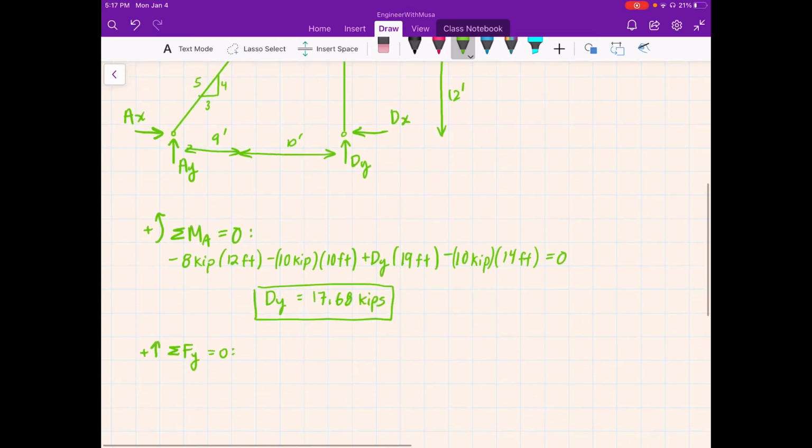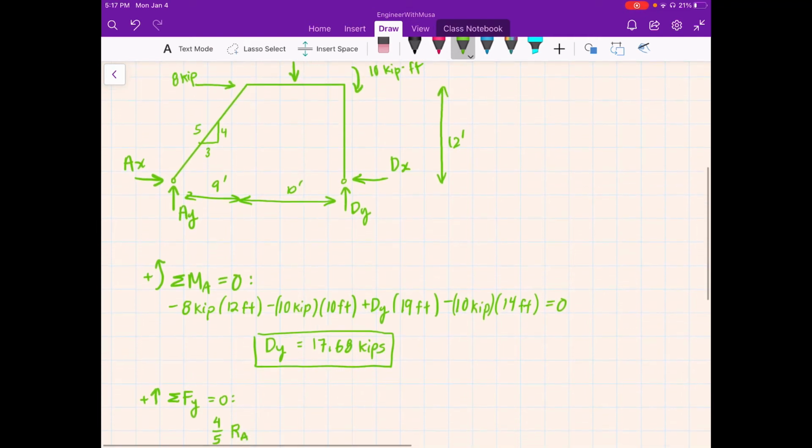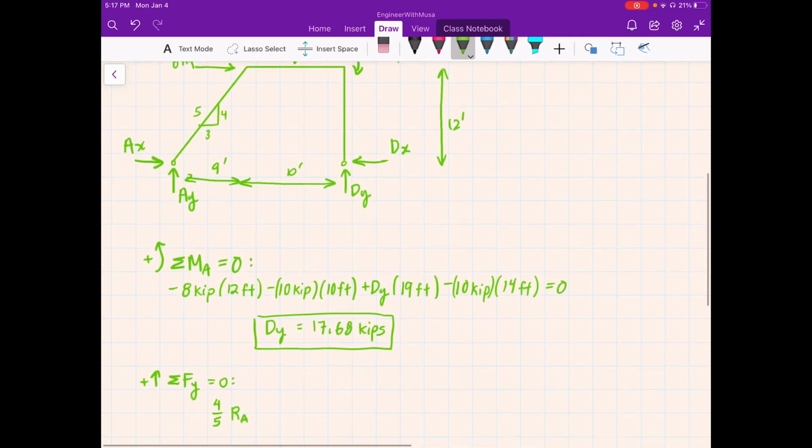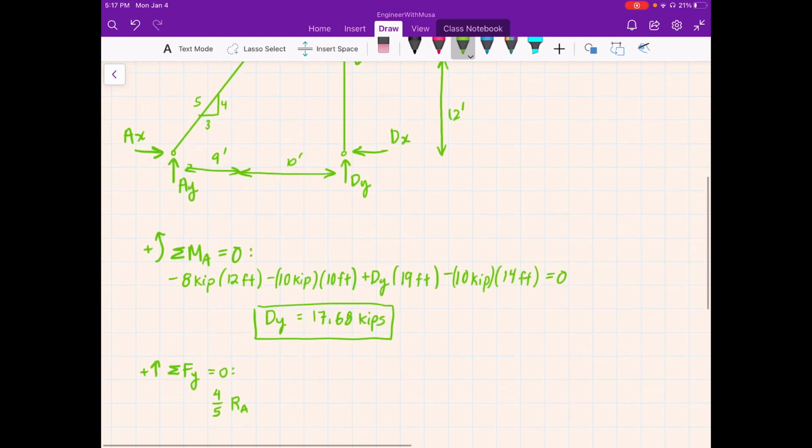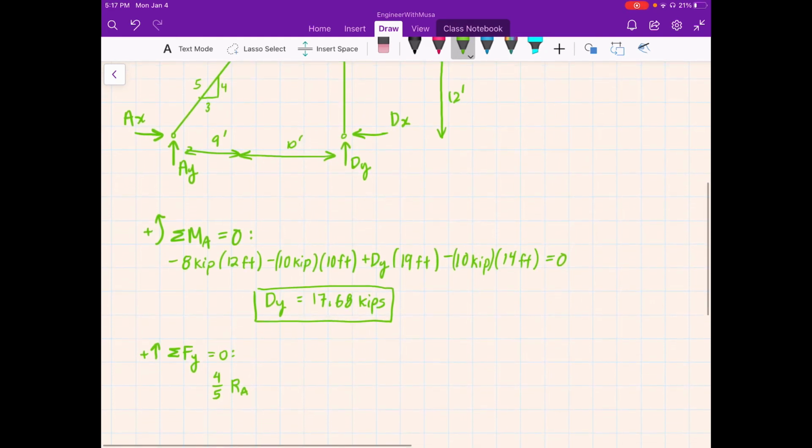And we can find that 4/5 of RA plus 17.68 minus 10 is equal to 0.